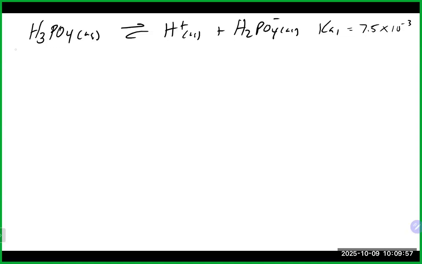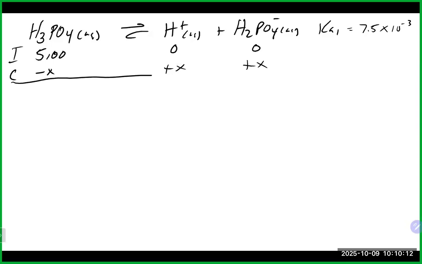So if we are starting with 5 molar phosphoric acid, we can do an ice table here like normal. So we'll go zeros and zeros. The change here will be -x, plus x, plus x. At equilibrium, we've got 5 minus x, x, and x. So a regular normal table here.